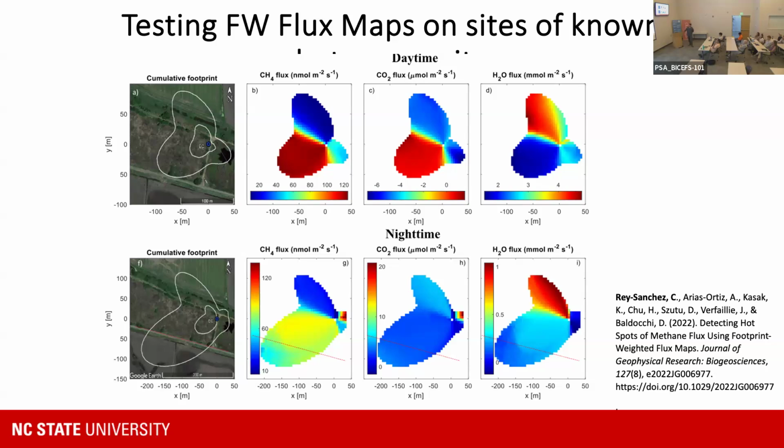Interestingly, if we look at the nighttime here, what we can further do with these maps is not just create a representation of how the methane is changing with wind direction, but we could also detect some patterns along the main wind.